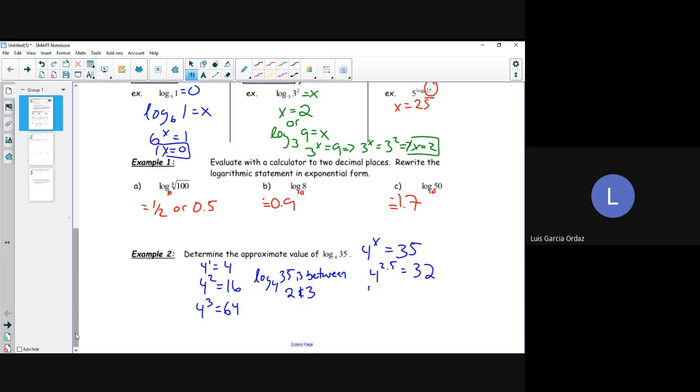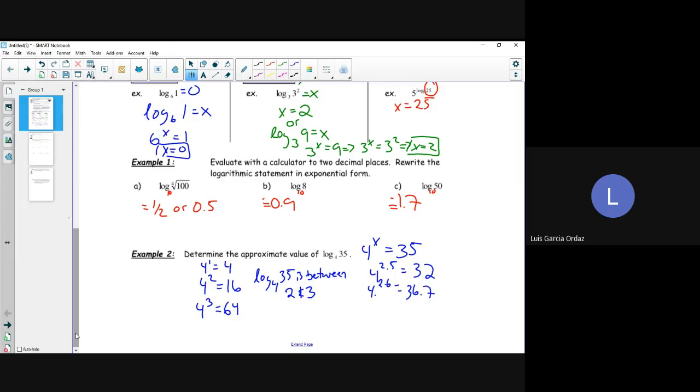So then we take 4 to the power of 2.6, which gives us 36.7. Given that information, what can we assume about log base 4 of 35? It has to be between 2.5 and 2.6.